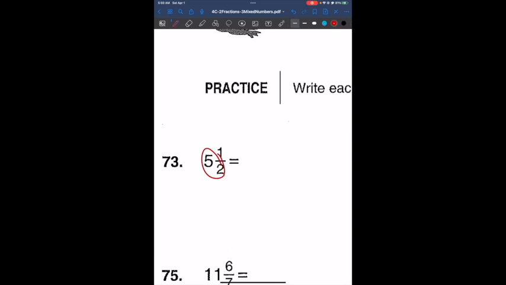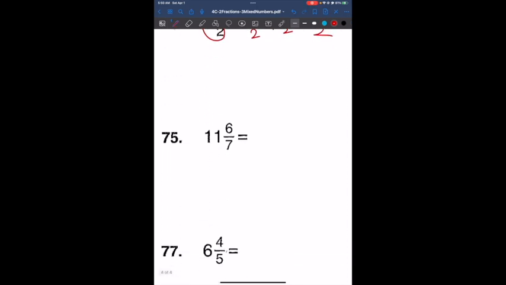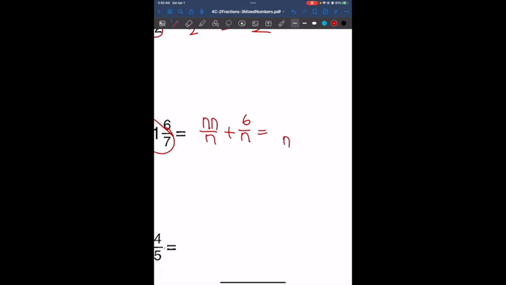So we're going to multiply and add. That gives us 11/2. For 75, again, multiply and add, and that is going to give us 83/7.